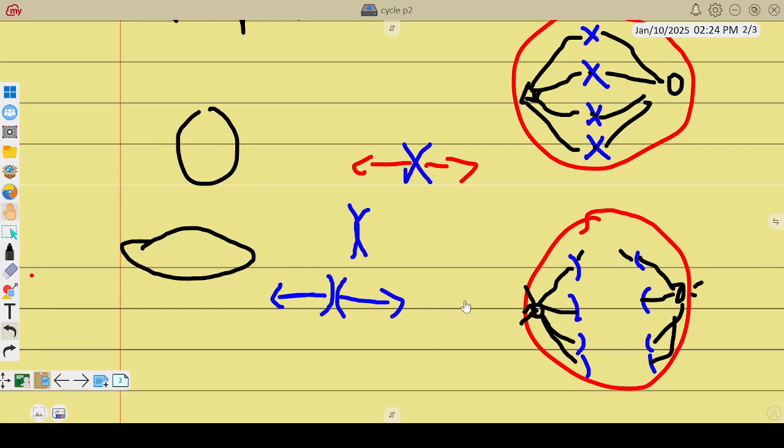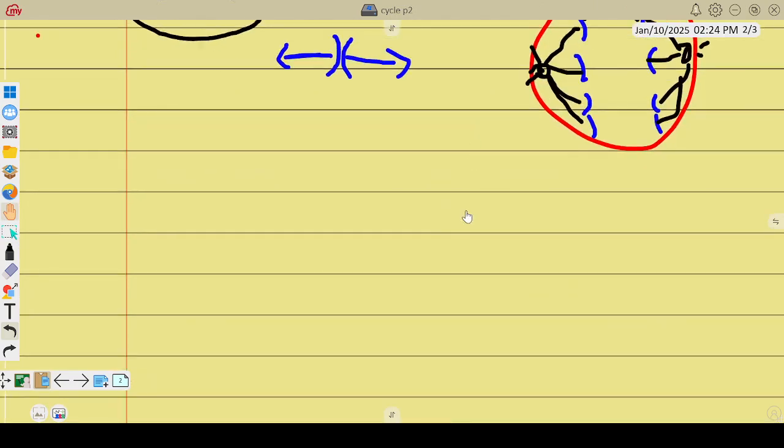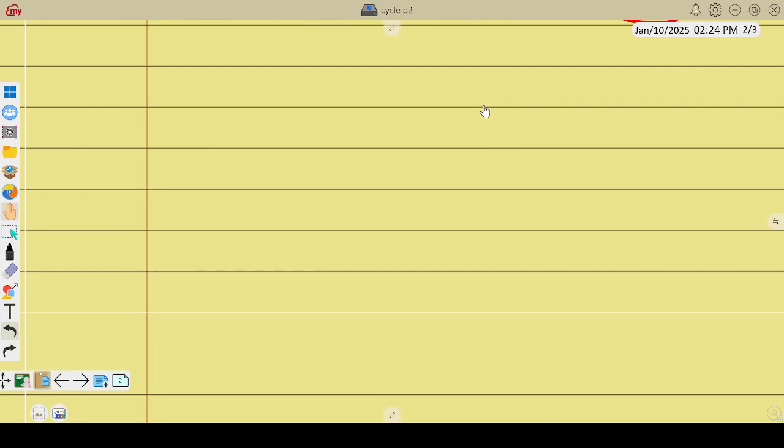And then we go to the last phase, which is telophase. Okay, so let's discuss telophase. What happens at telophase? At telophase, it is now more like the opposite of anaphase.